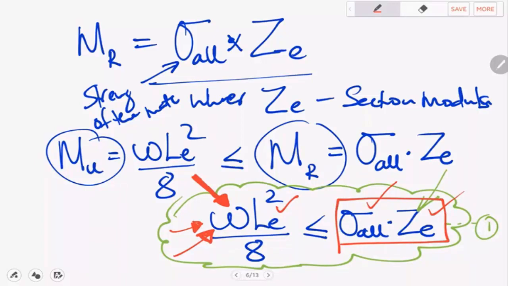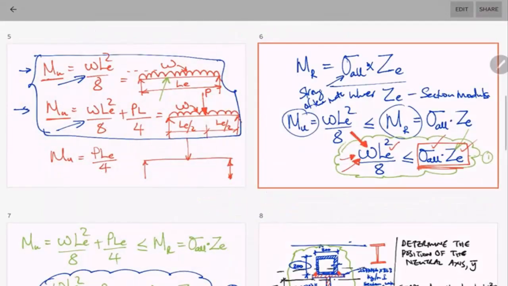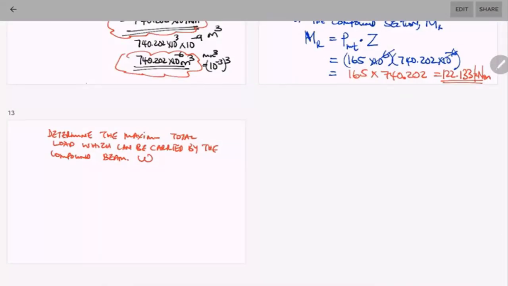The moment of resistance we have obtained by multiplying allowable stress by Z, right? So from there, we can determine that value.